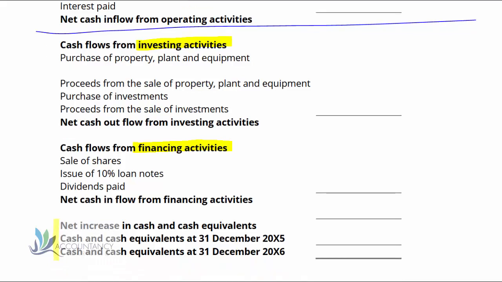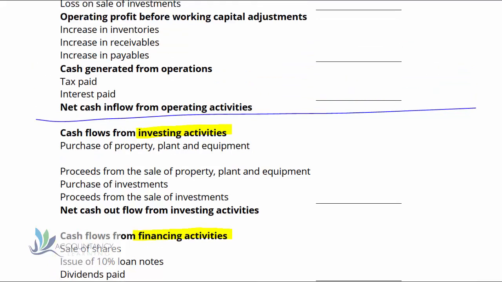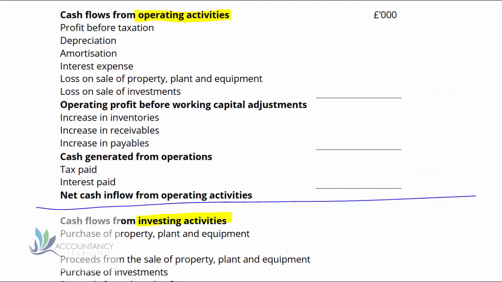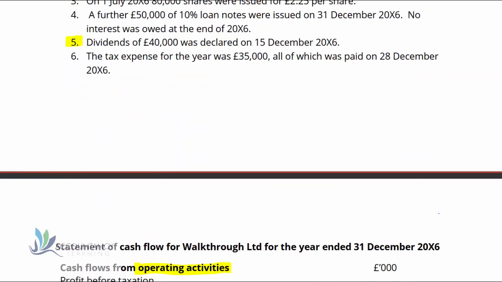Now this can be quite frustrating, jumping between tasks in the exam, so our recommendation would be to prepare the cash flow statement on your scrap paper, and then when you've completed everything, enter the numbers into the 2 tasks on the computer-based exam software.